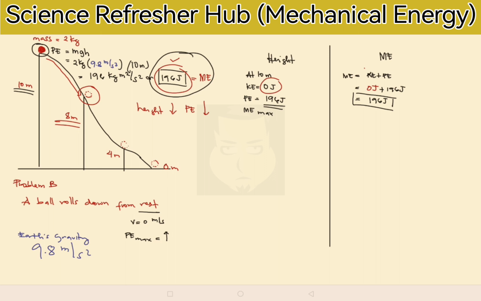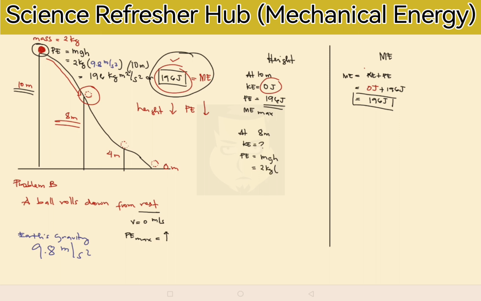Okay, what if the object is at 8 meter, okay, we calculated it a while ago, and we need to find the kinetic energy? As we all know, the PE at 8 meters, we will solve it again.